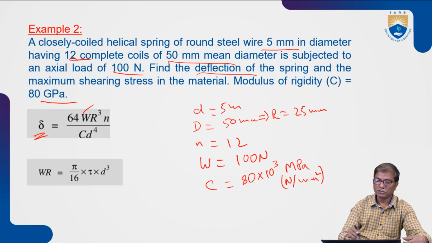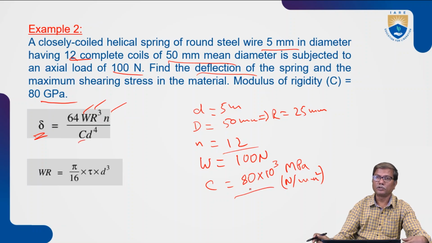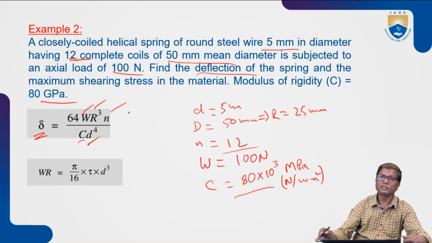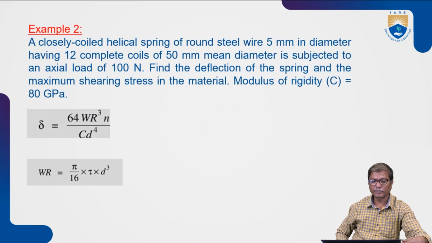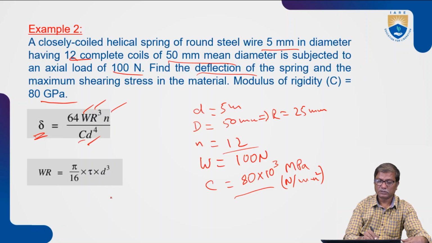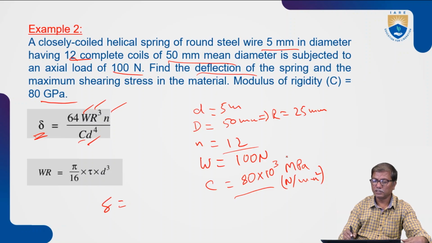All the values are known here. W is known, R is known, N is known, number of turns, C, the rigidity modulus, small d, the wire diameter. All the values are given. So we can find the deflection delta directly by substituting this.